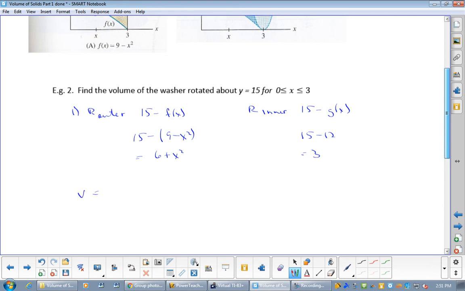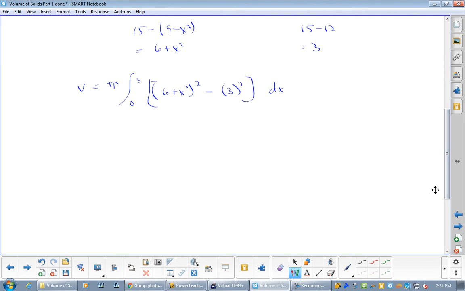So volume equals pi, going from 0 to 3 of r outer, 6 plus x squared squared, minus r inner, which is 3 squared. Okay, and that's dx. We've got to get that all together.